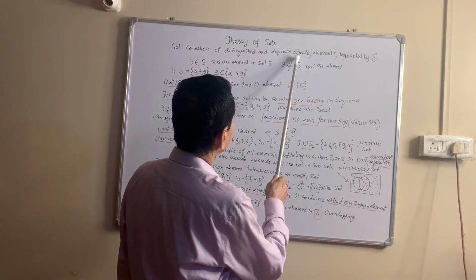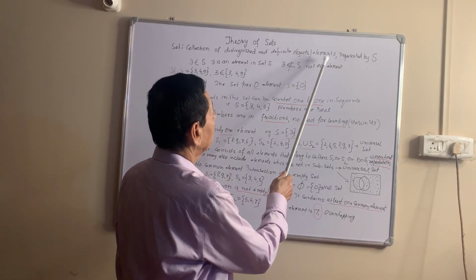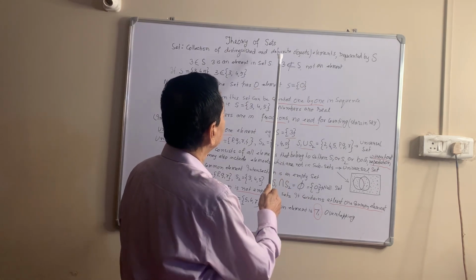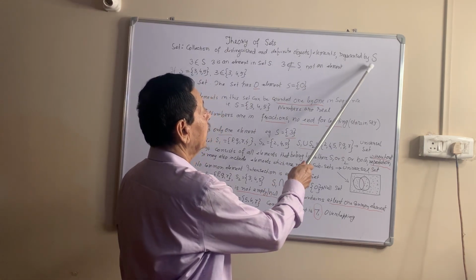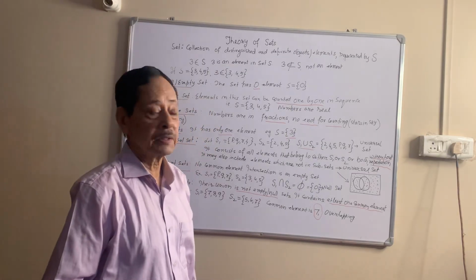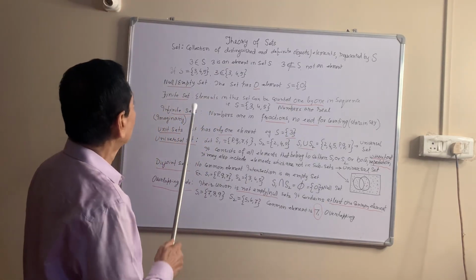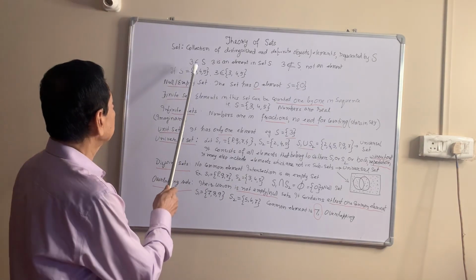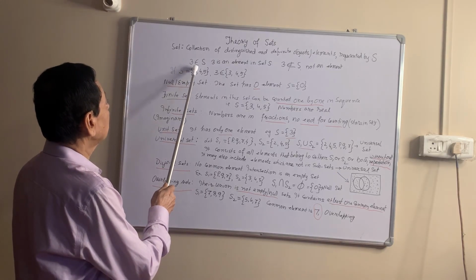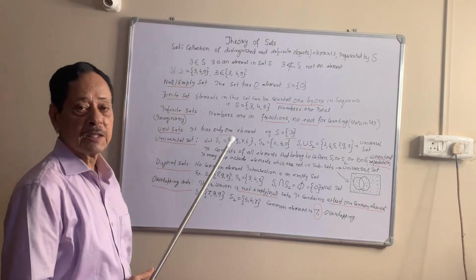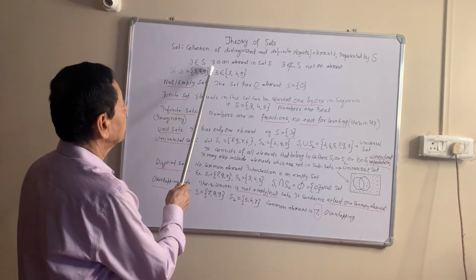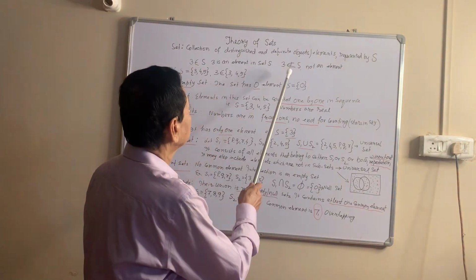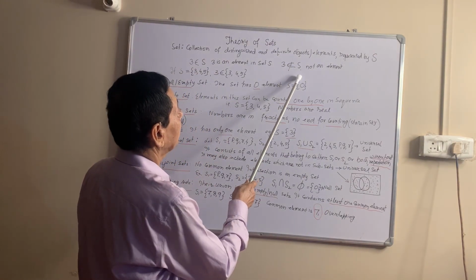Those objects or elements are represented in a set S. If 3 is an element of this set, it is represented like this: 3 ∈ S. That means 3 is an element of the set S. And if it is not an element, then it is represented like this.